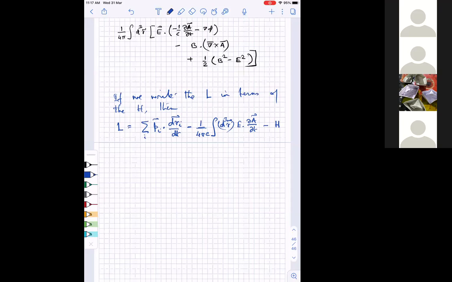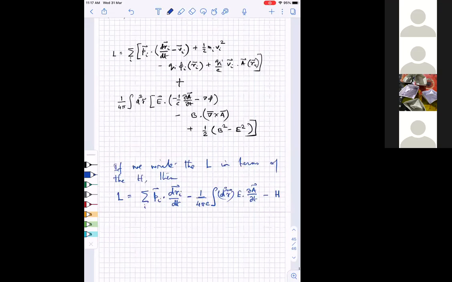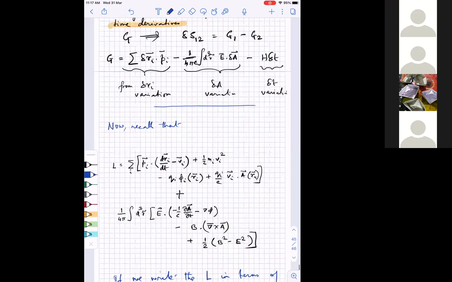Now, if you look at G, go back and look at the generator. You see that in this generator, the variables that are appearing are R, P, E, A, T, right?